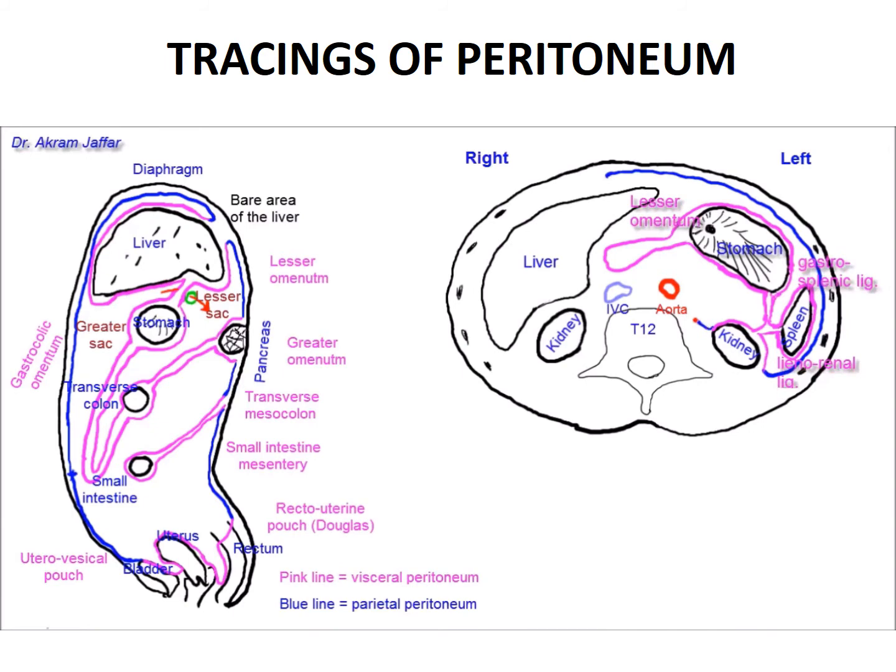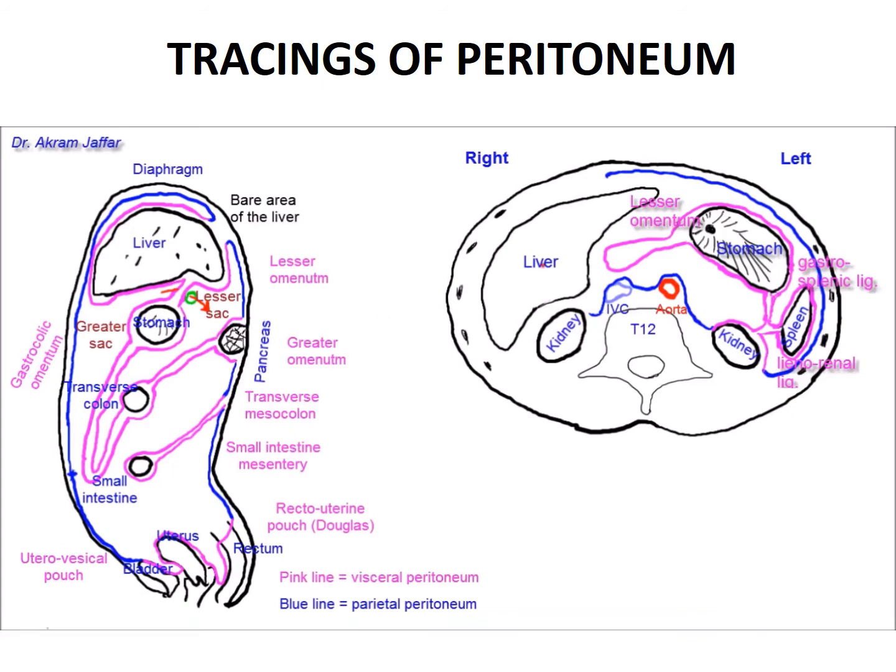At this position, there is the psoas major muscle, and then it passes in front of the abdominal aorta and the inferior vena cava, and then reaches the right kidney. So when it reaches the right kidney, it becomes a visceral peritoneum.